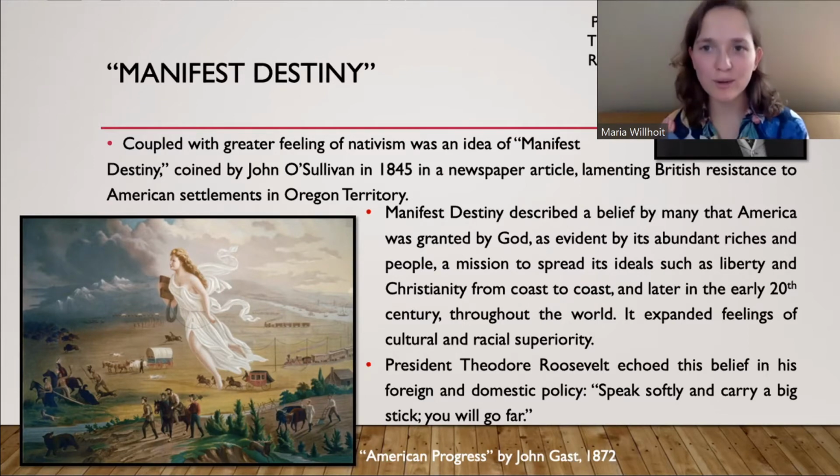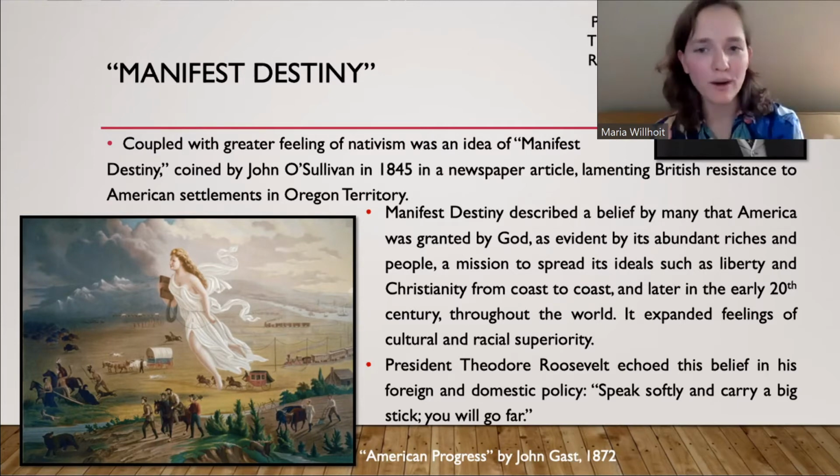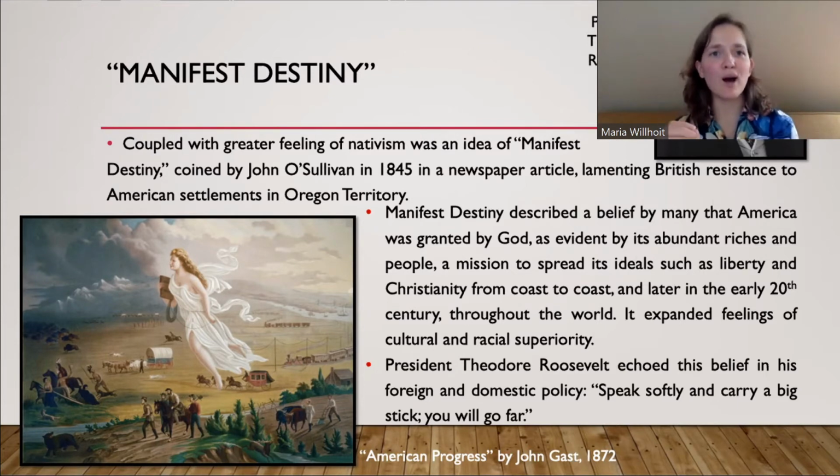And maybe some of you are laughing or thinking, what? But there was actually, since the days of early America, a belief by many Americans that somehow America was special and it was kind of blessed by God because it has such good riches and people and industry and wealth. It's somehow blessed by God to expand.